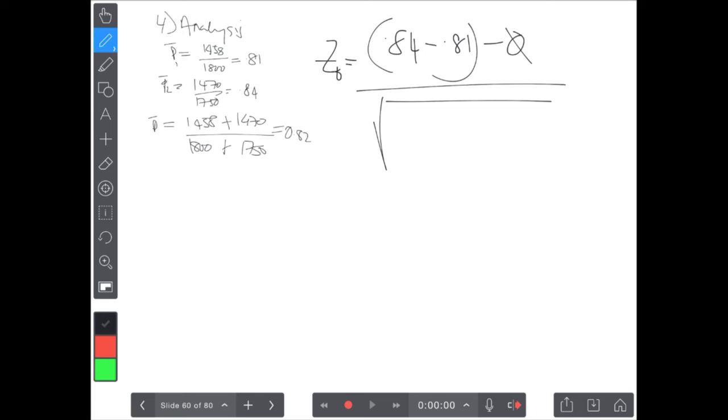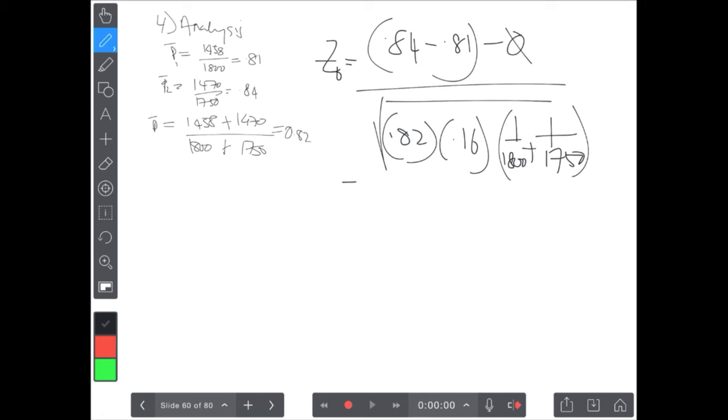And then we have 0.82 times 0.16, times 1 over 1800 plus 1 over 1750. It turns out that that is equal to 2.33. All right, 2.33.